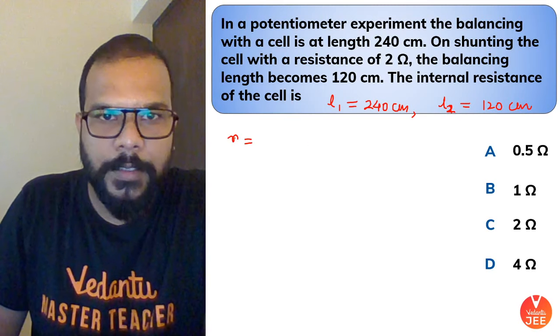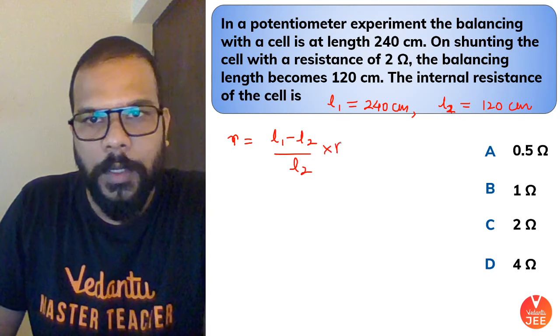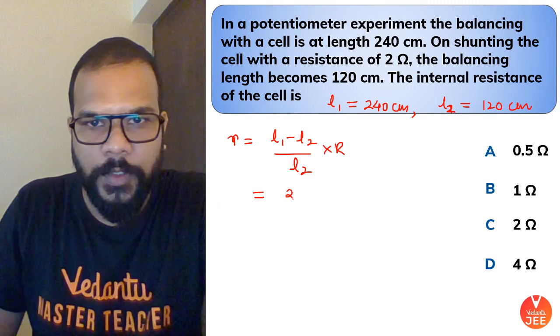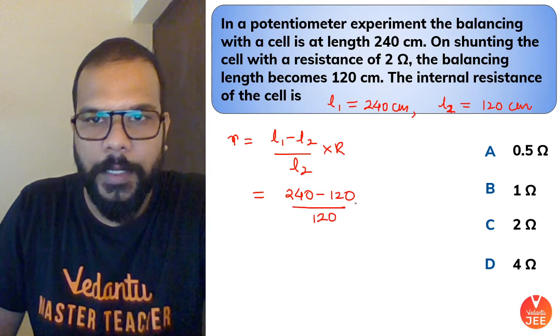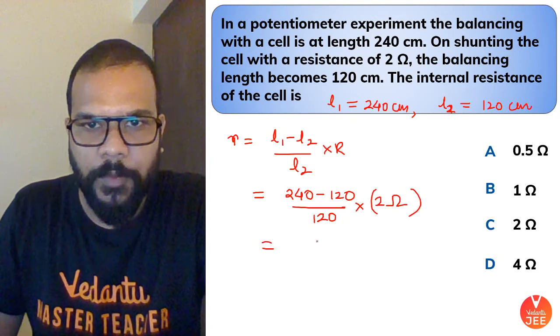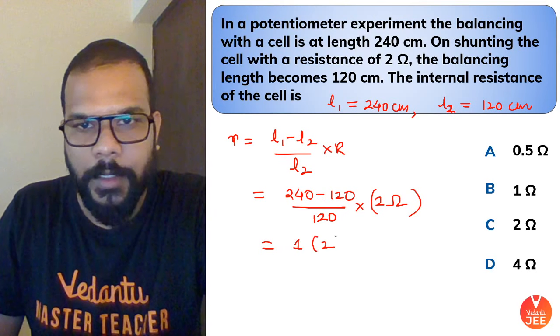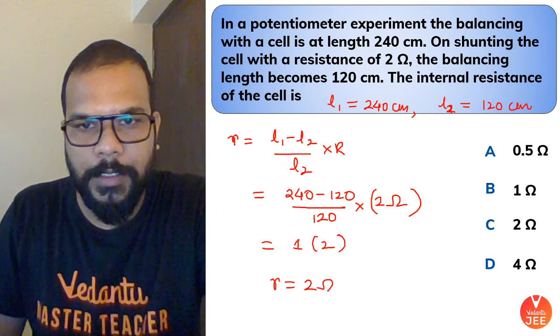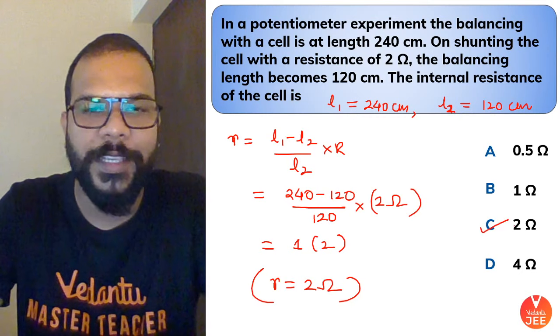So the internal resistance value will be L1 minus L2 upon L2 into capital R. So this is nothing but 240 minus 120 upon 120 into R, that is 2 ohms. So this comes out to be 120 by 120. So simply the ratio comes out to be 1 into 2. So the internal resistance also comes out to be 2 ohms, and our answer becomes option C.